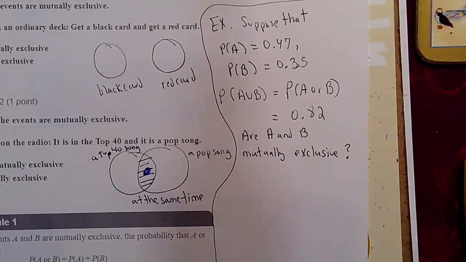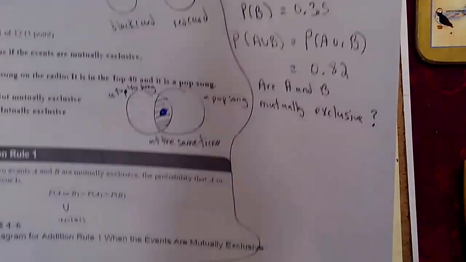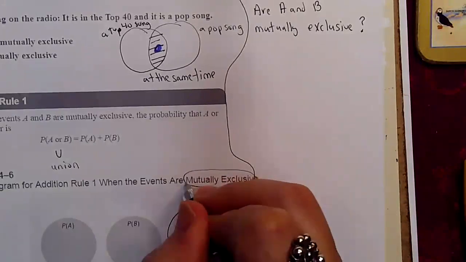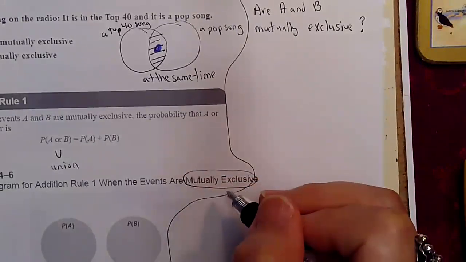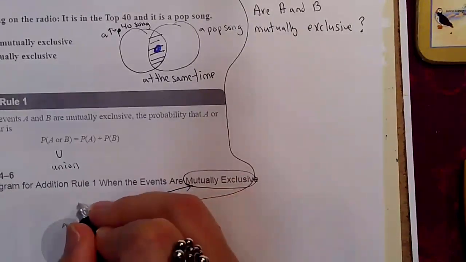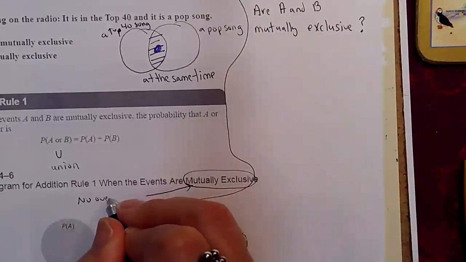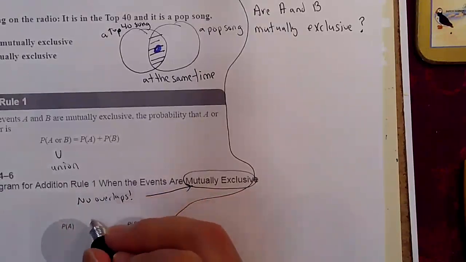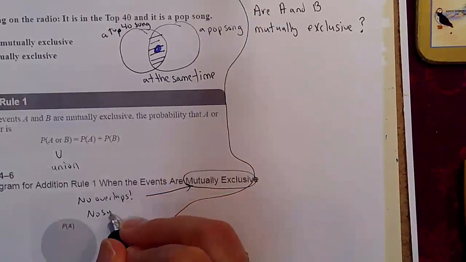In other words, mutually exclusive meaning that there's no overlaps, meaning that there's no subtractions needed.